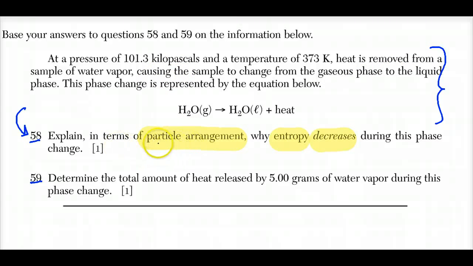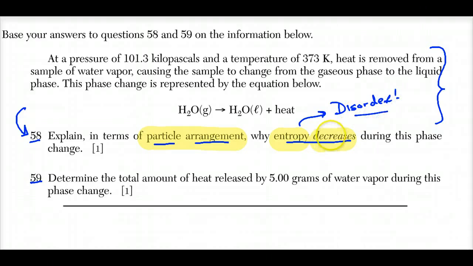In any case, they want you to answer this question using particle arrangement. Why the entropy decreases. Now, entropy, of course, is chaos or disorder. Why is the disorder of the system decreasing? Or I could say another way, why is the order of the system increasing, right?